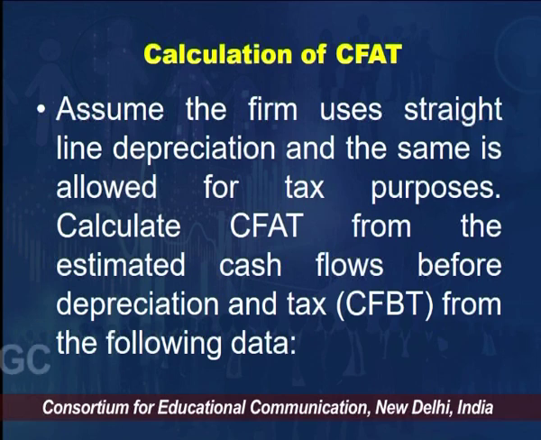And life, N, is 5 years and no salvage value is there. The rate of tax is 35%. What are we supposed to do? We are supposed to calculate cash flows after tax, because the cash flows before tax are given. Further, we have been told to assume the firm uses the straight line depreciation method, and the same is used for tax purposes. So, we are supposed to calculate cash flows after tax.